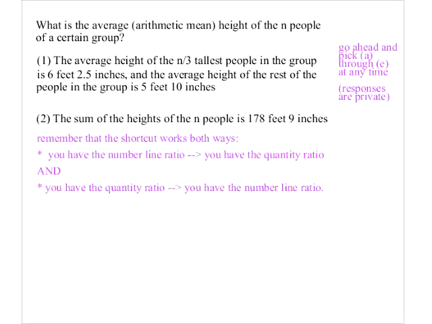Let me give you a quick summary. Most of you have this, but let's look at statement 2 first, because we can dismiss it pretty quickly. Average is sum divided by count. In this case, we have the sum, but we don't have the count.